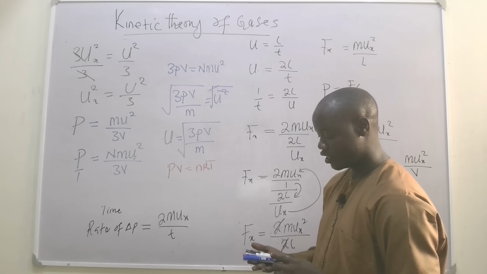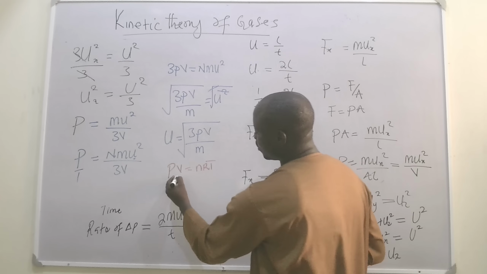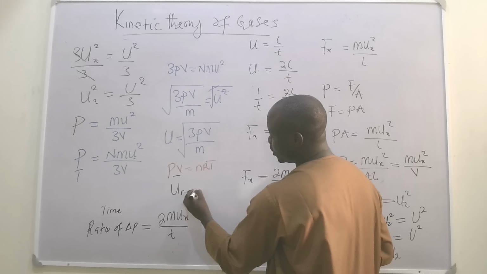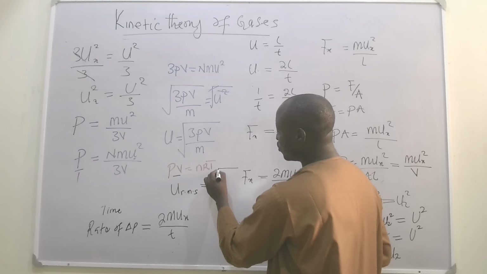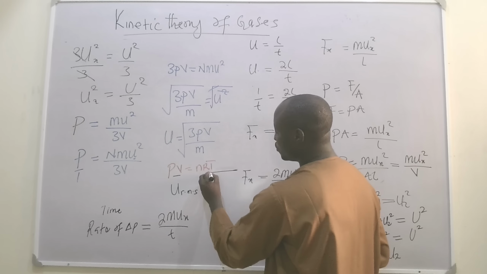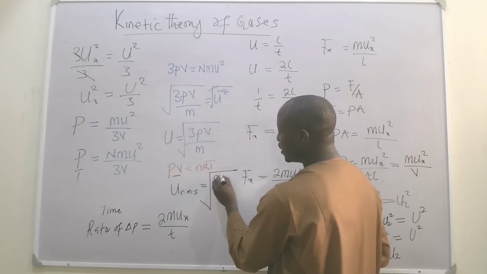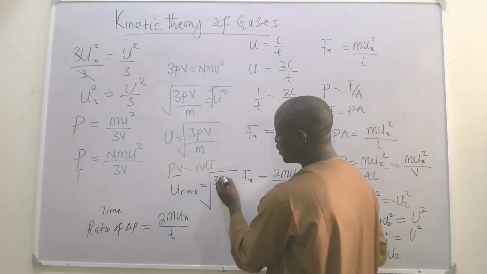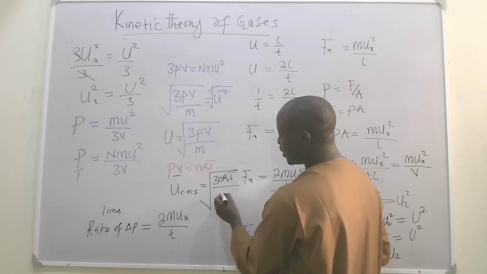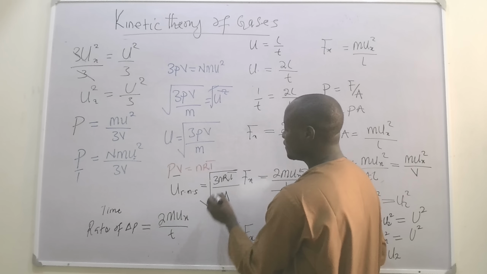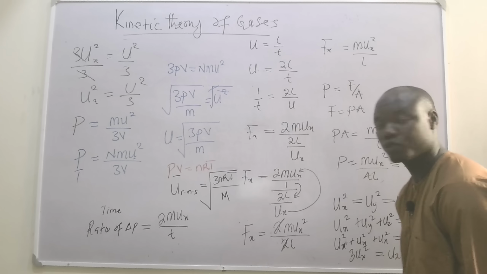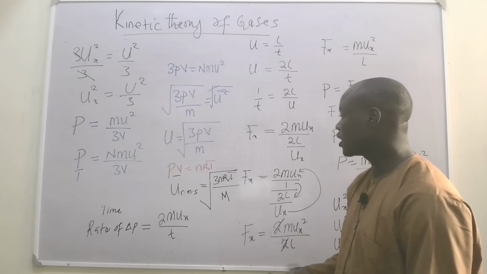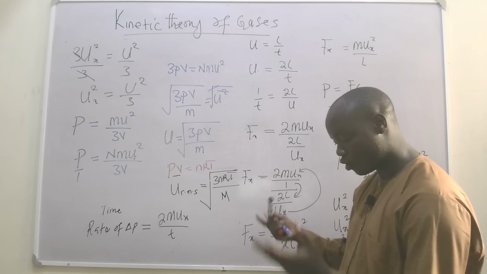After we do that, u, which is the root mean square speed, is equal to the square root of 3nRT all over M. And this is also root mean square speed, while n here stands for moles. So this is actually root mean square speed, and from here you can write a lot of equations.